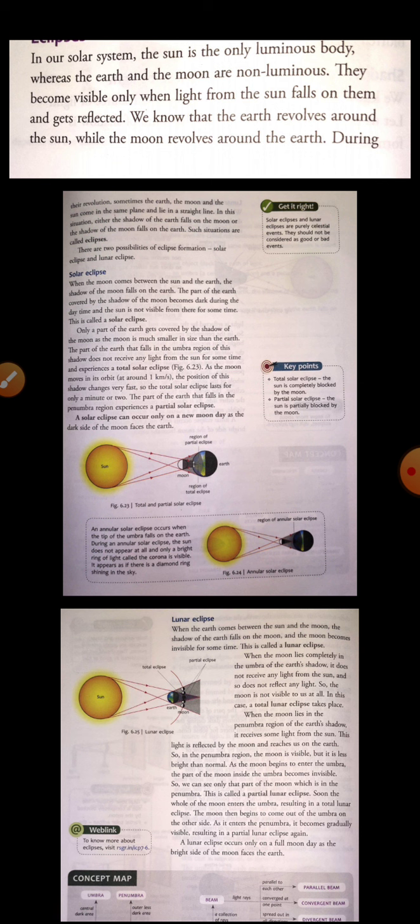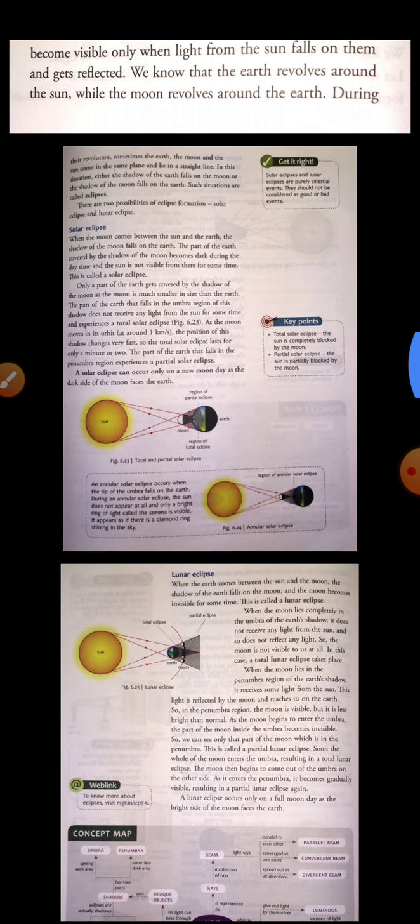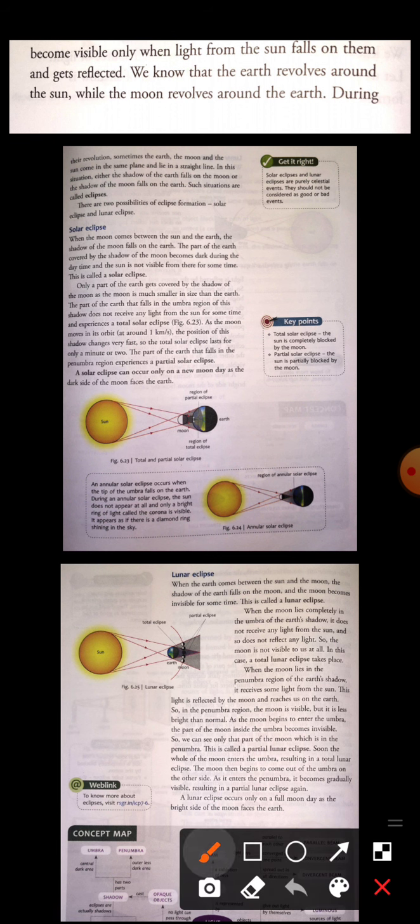When the moon is placed in between the sun and the earth, then we get a solar eclipse. In this case, part of the earth is covered by the shadow of the moon. Here is the image of total and partial solar eclipses.